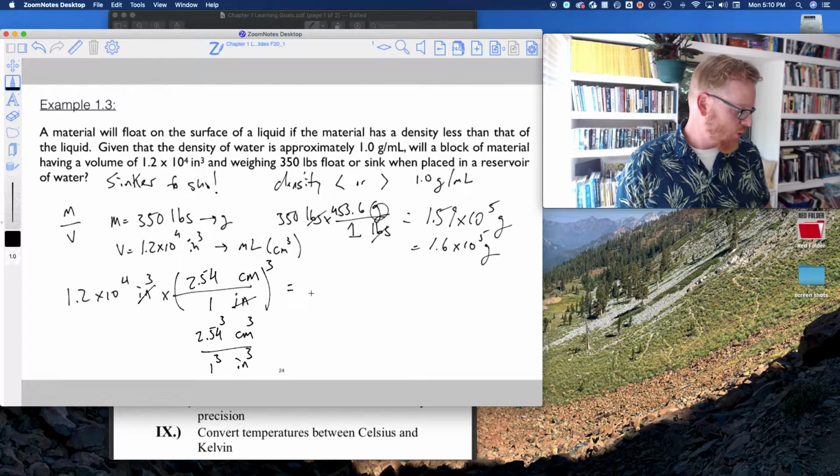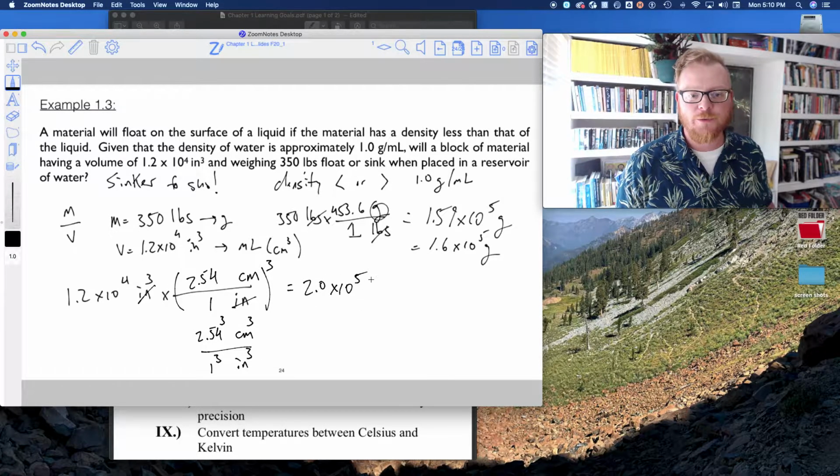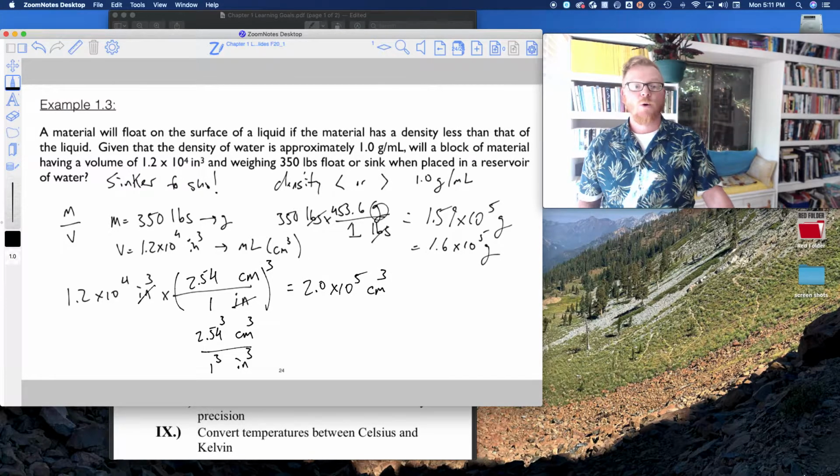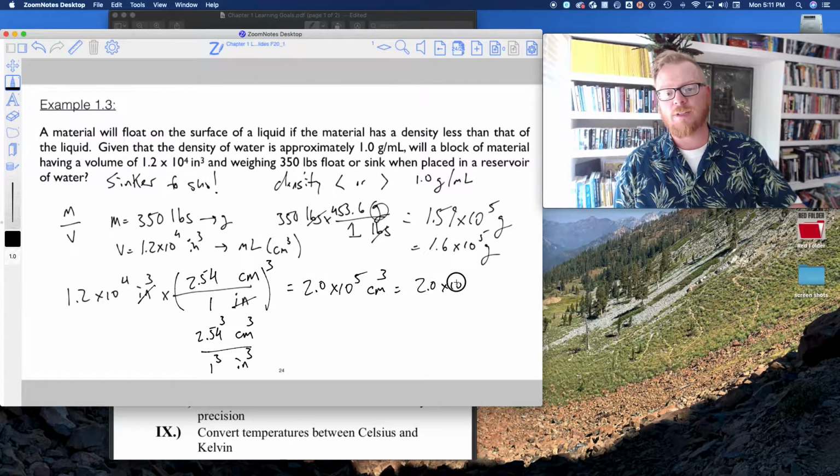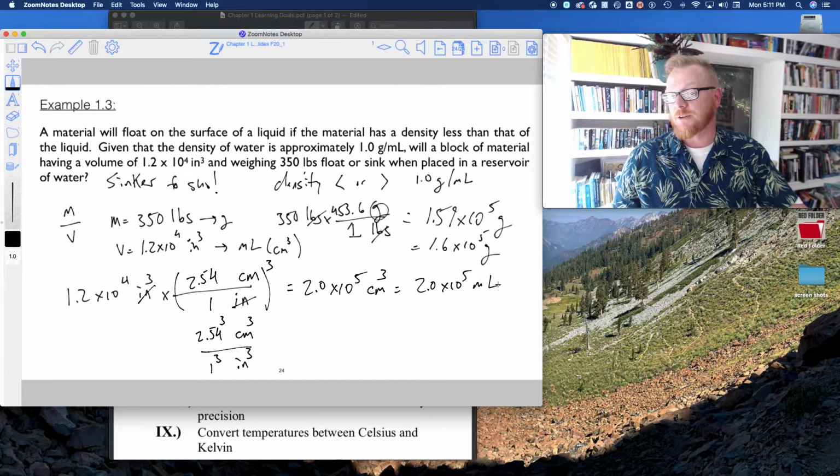Okay? And when I do that, I'll just go ahead and do the estimate now. I get 2.0 times 10 to the 5th cubic centimeters, which I know is exactly the same as 2.0 times 10 to the 5th milliliters. They're exactly the same. Okay.